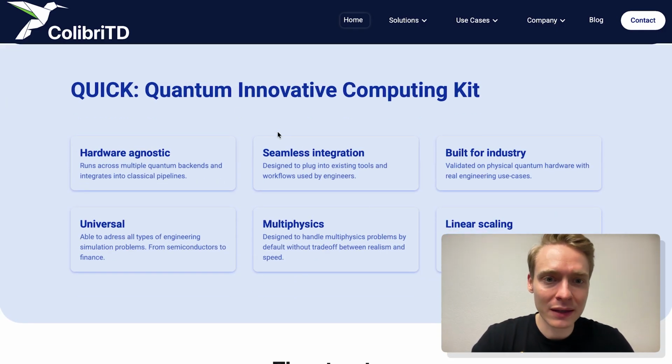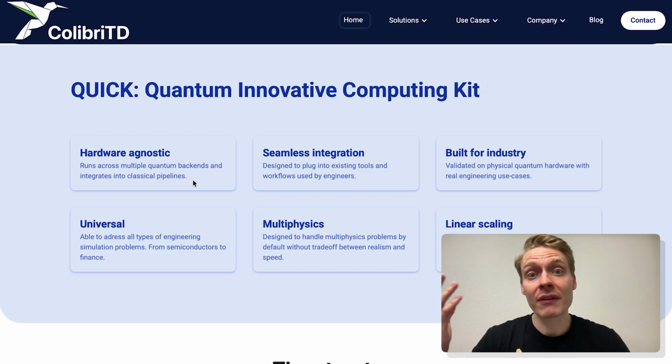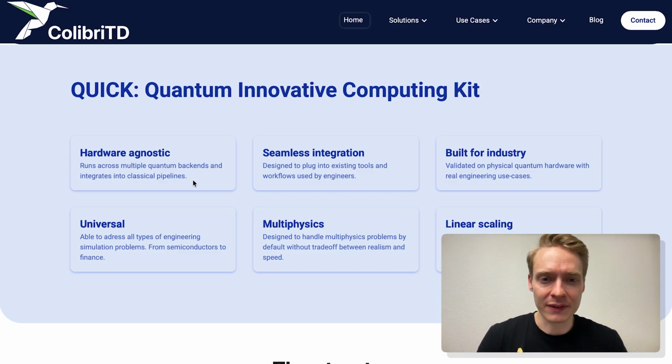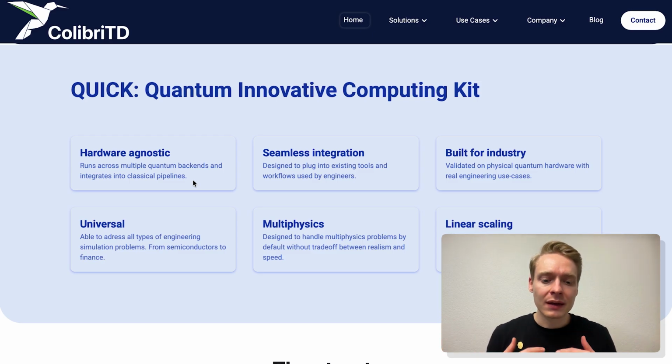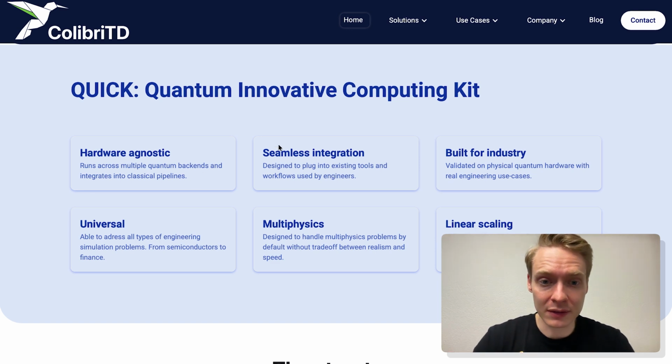So it says QUICK, quantum innovation computing kit. That's probably the acronym. And it says hardware agnostic, so it runs across multiple quantum backends and integrates into classical pipelines. We have seen other platforms already that integrate with different providers, right? So there are already pure software ecosystems that enable you to access quantum computers, but there's other stuff coming here on top of that.